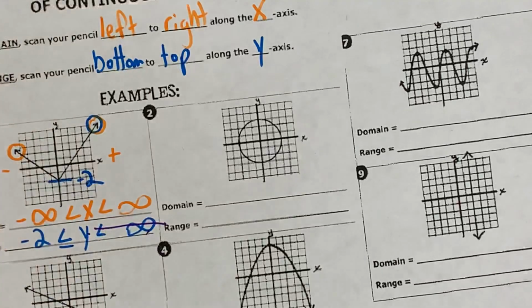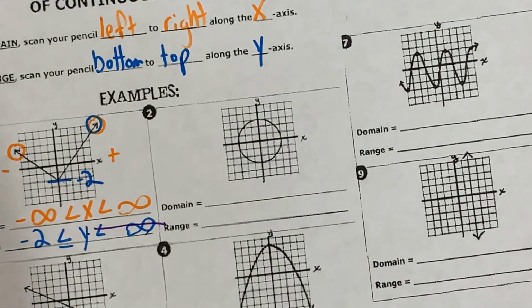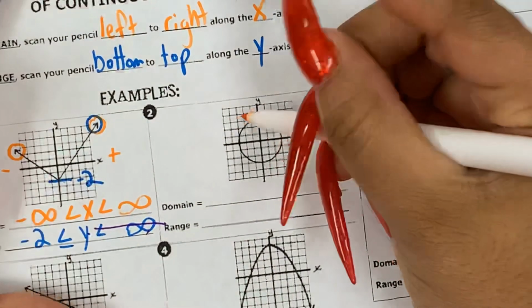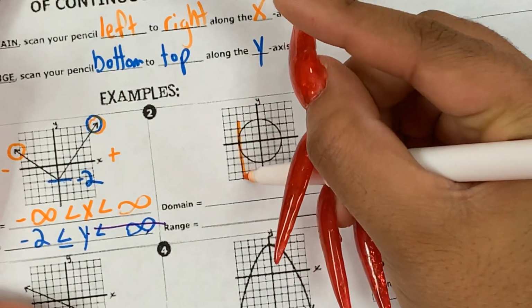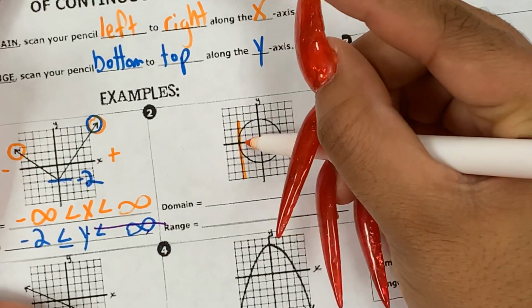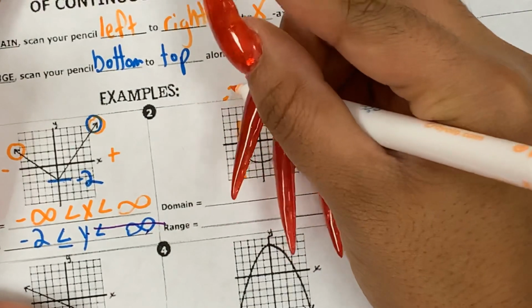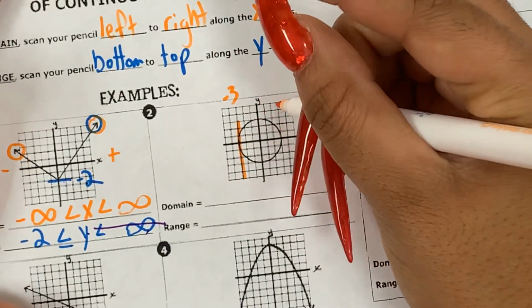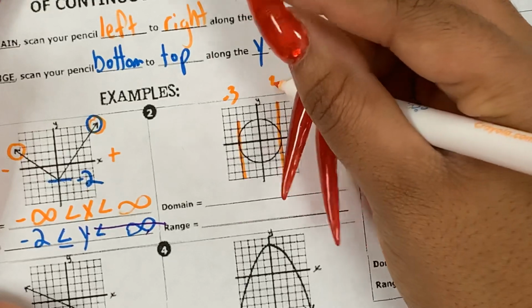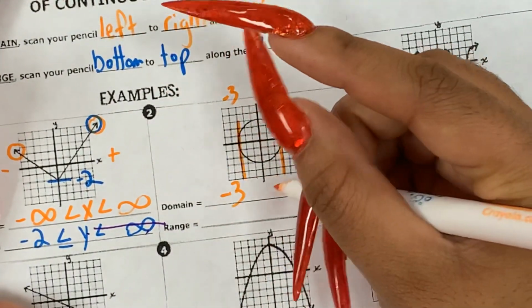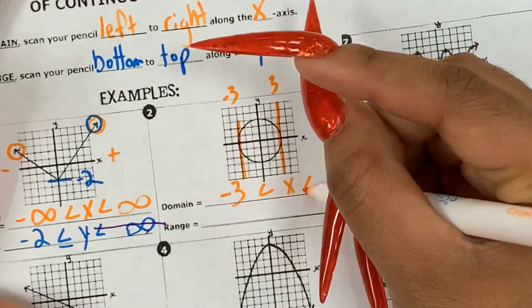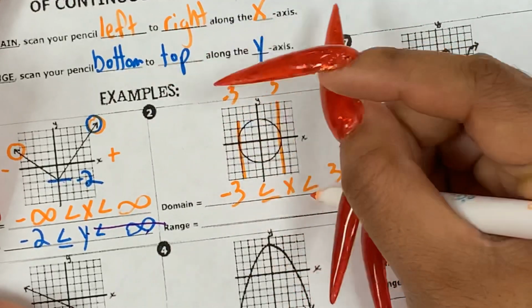All right, number 2, domain, left to right. So if I scan left, this circle stops at -3. Scan right, it stops at +3. So the domain is from -3 to +3.